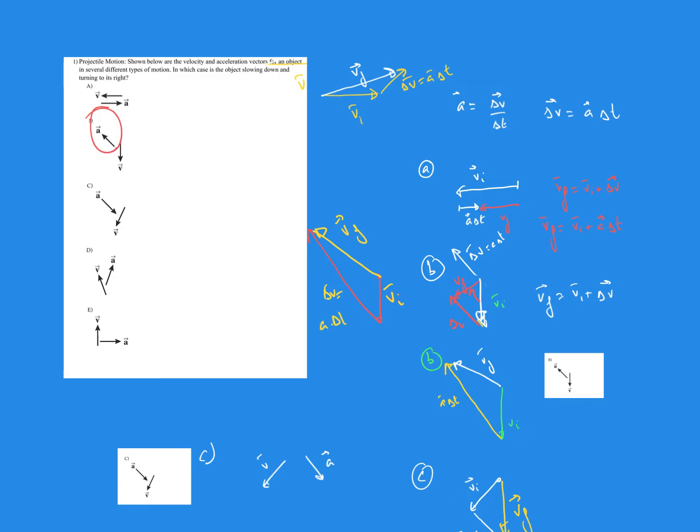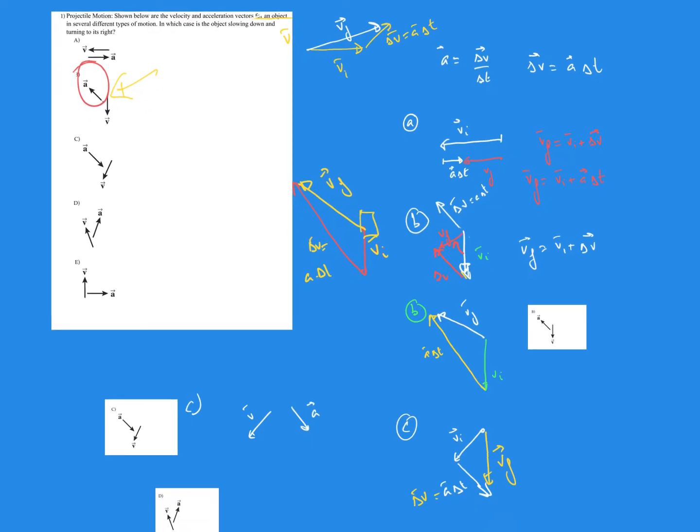So the object will be rotating to its right. Imagine a car rotating to its right, but its velocity is increasing if you consider this big change in time. So maybe B, this one will work. Let's go to the other option, C.